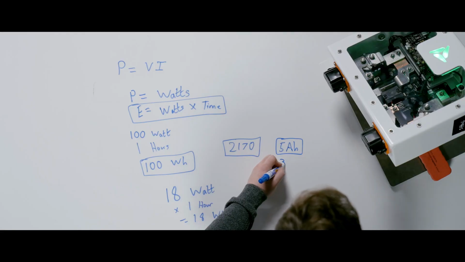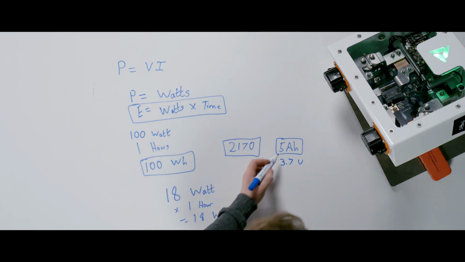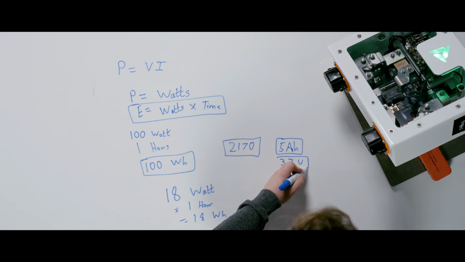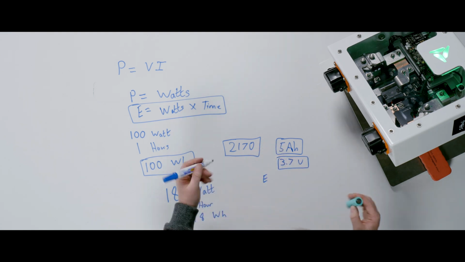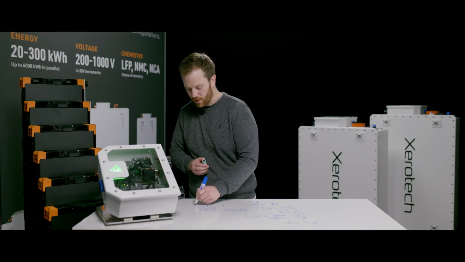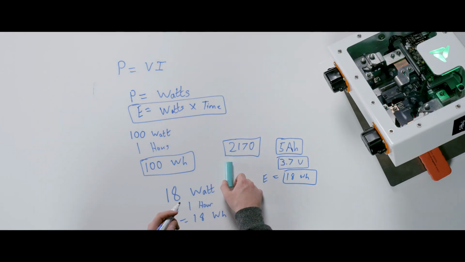It's a 5 amp hour cell, with a nominal voltage of 3.7 volts. When you multiply the capacity times the voltage, you get the energy. So 5 times 3.7 is roughly 18 watt hours. This battery cell could power an 18-watt bulb for 1 hour, and then it would be fully discharged. That's where batteries and energy come in.